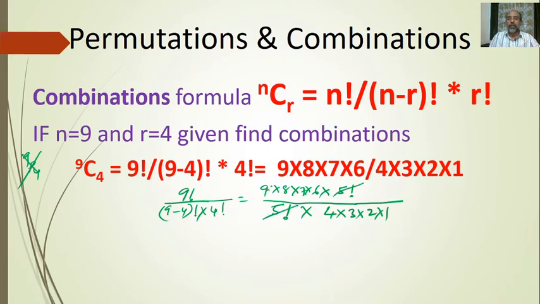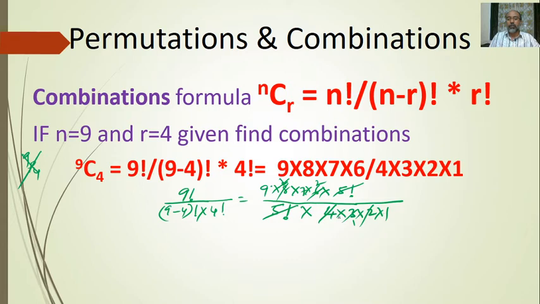What is left is 9 8 7 6 in the numerator and 4 3 2 1 in the denominator. Here 4 cancels with 8 leaving 2, and 3 cancels with 6 leaving 2.